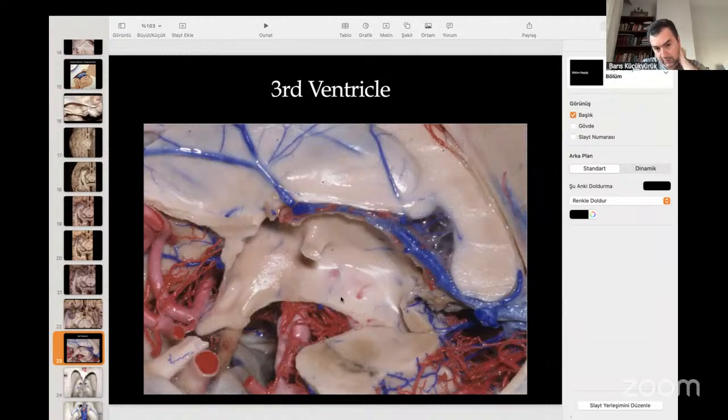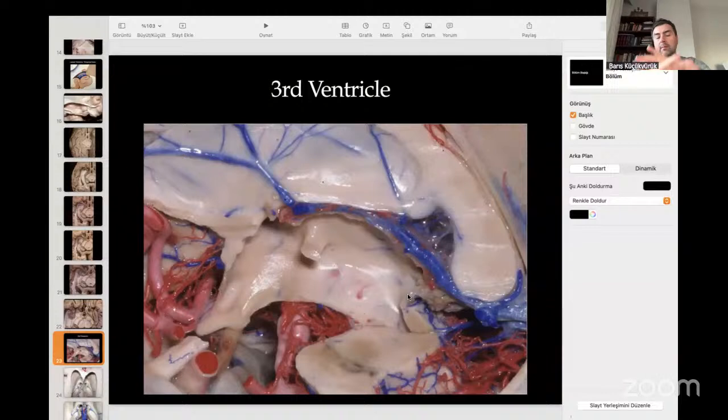And just after the mammillary body, there will be the aqueduct, which connects the third ventricle with the fourth ventricle. At the posterior wall, the main structure here is the pineal gland. There are two recesses here, one above the pineal gland, which is the suprapineal recess, and an inferior recess, which is called the pineal recess.